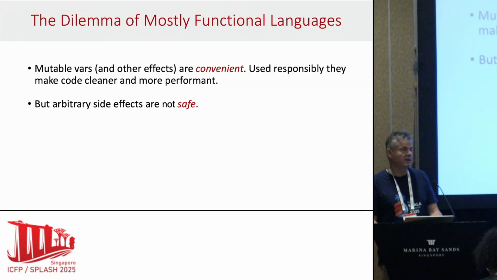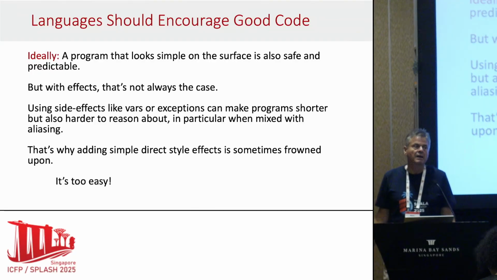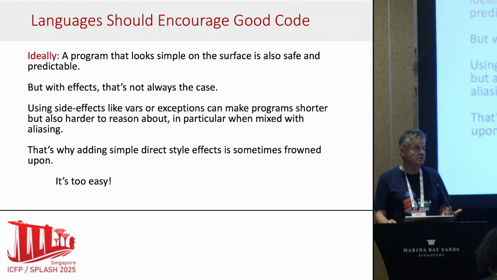But arbitrary side effects, arbitrary global changes to the program, are certainly not safe. And that's a dilemma because ideally, programming languages should guide programmers towards good behavior, towards good coding style. So that ideally, a program that looks simple on the surface is also safe and predictable. But with effects, that's not always the case.